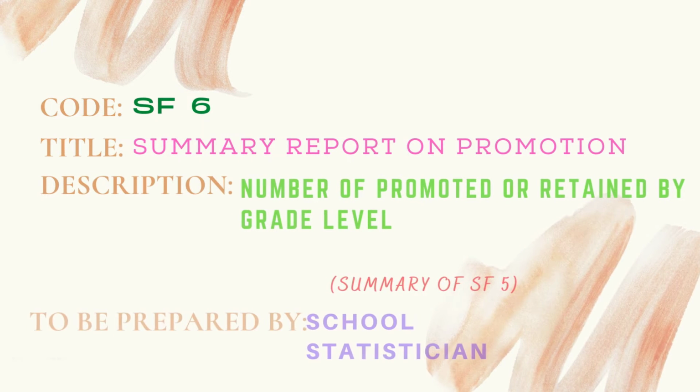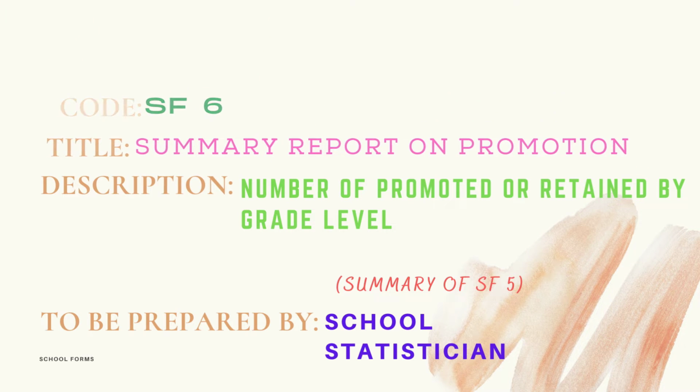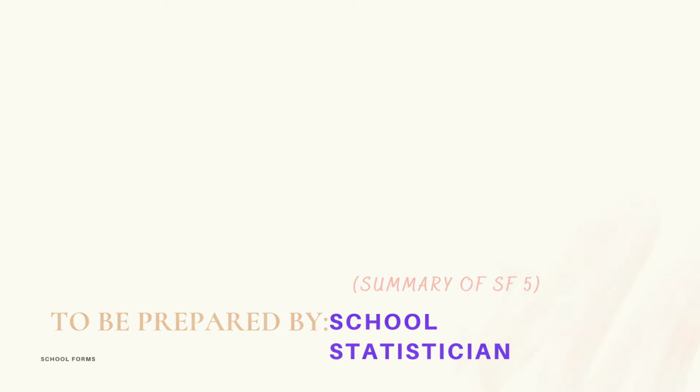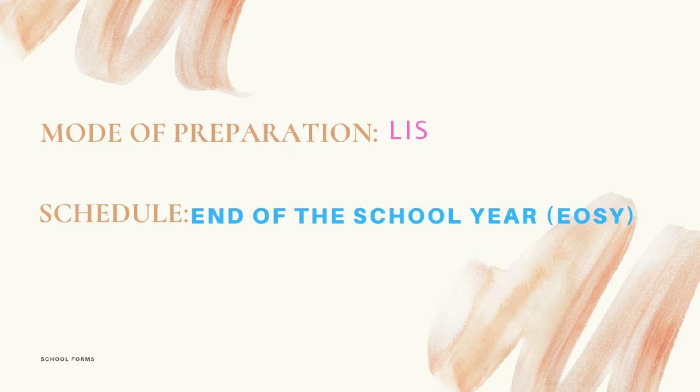Next is SF6 or School Form 6, the summary report on promotion: number of promoted or retained by grade level. This is the summary of SF5 or School Form 5, to be prepared by your school statistician. Mode of preparation: through LIS.